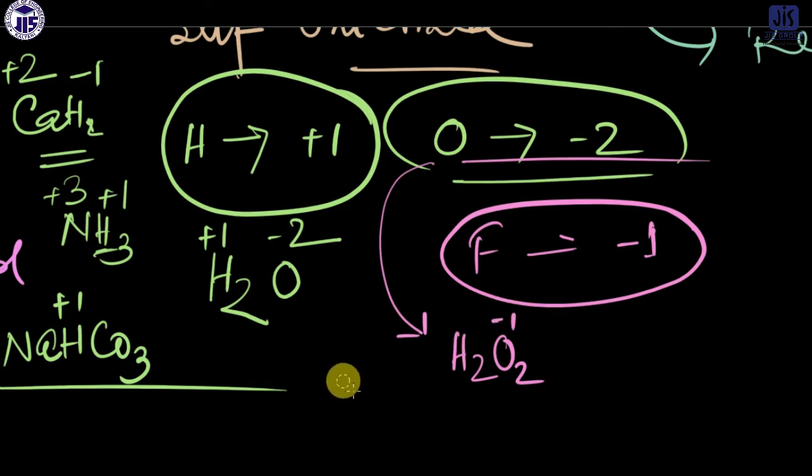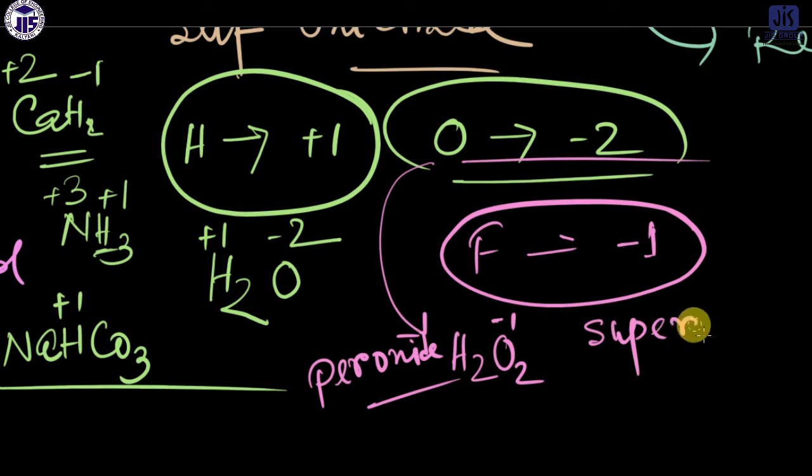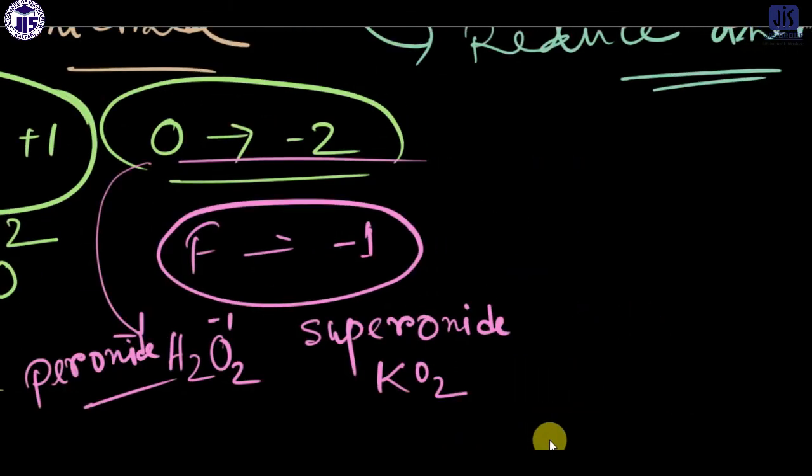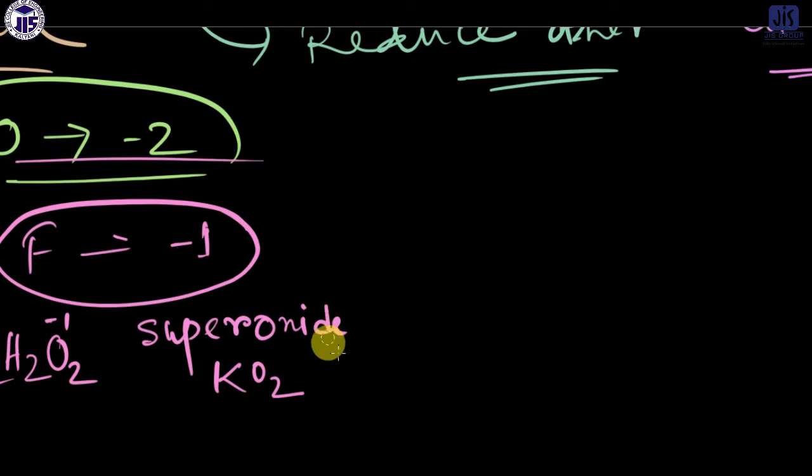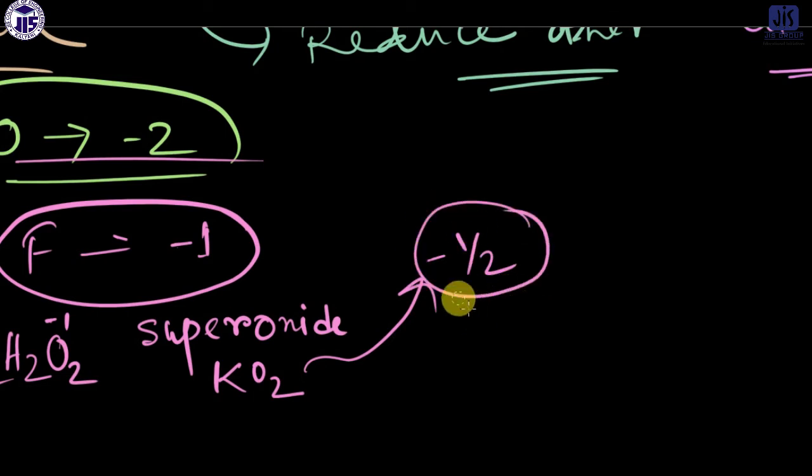If it is a superoxide, for example KO2, then the oxidation number of oxygen will be -1/2. So for superoxide, the oxidation number will be -1/2 for the oxygen.